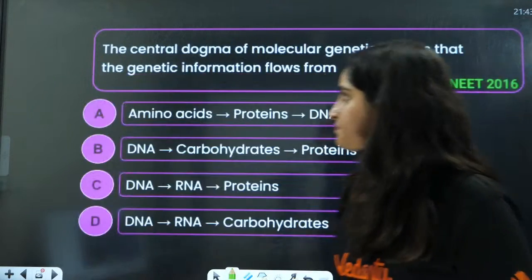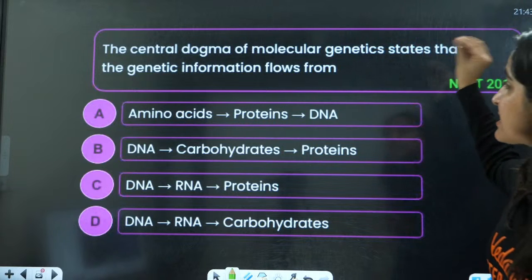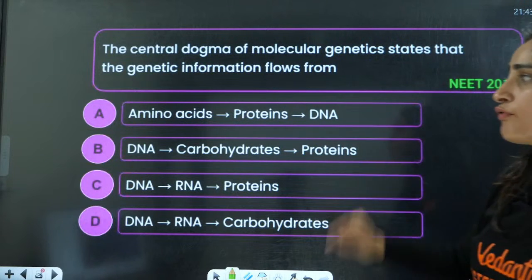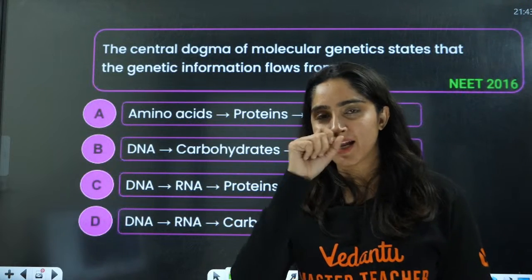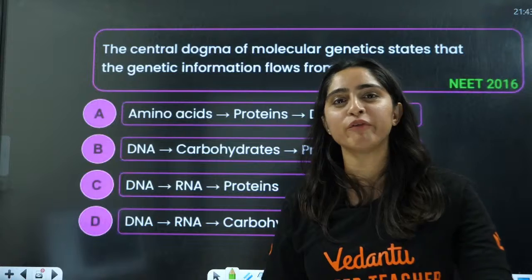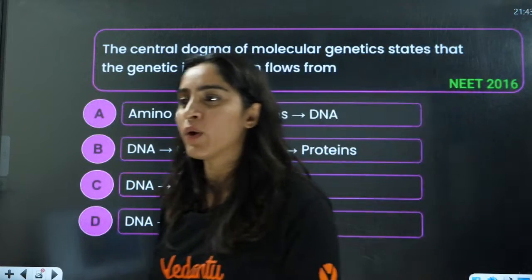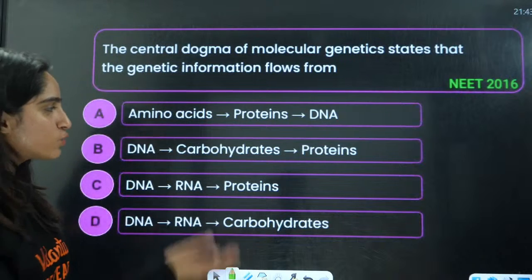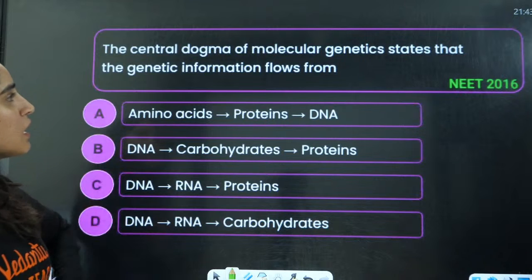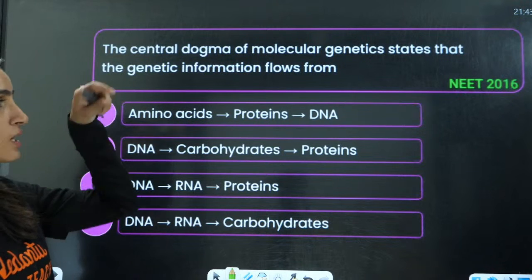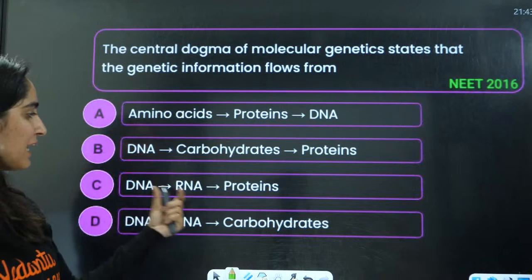Next is, the central dogma of molecular genetics states that the genetic information flows from. Everyone, this is your question. You bio students, my future doctors, you know this. Even if you have no idea about chemistry, you should know this question because you are going to be future doctors. Amino acids, protein, DNA, carbohydrates, protein, DNA, RNA.